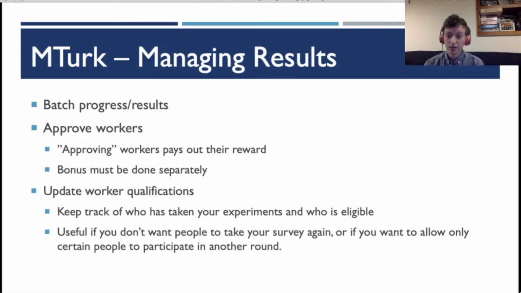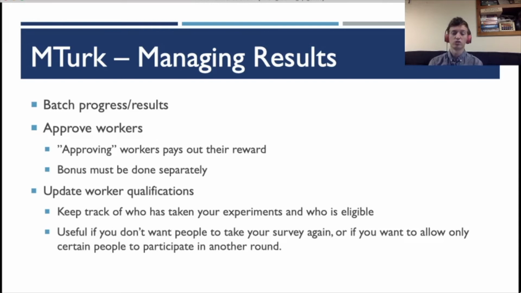So once you get data, once you have people taking your experiment, you have to go through these MTurk motions, right? So you have batches that have progress and results, and you have to constantly be approving workers, paying them out, paying their bonuses if that's the setup you've done, and updating the qualifications if that's also relevant to your experiment, right?